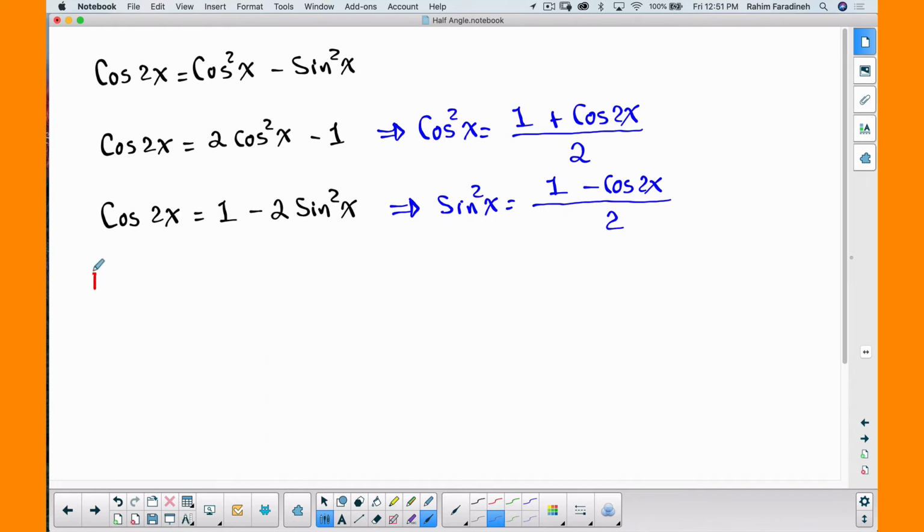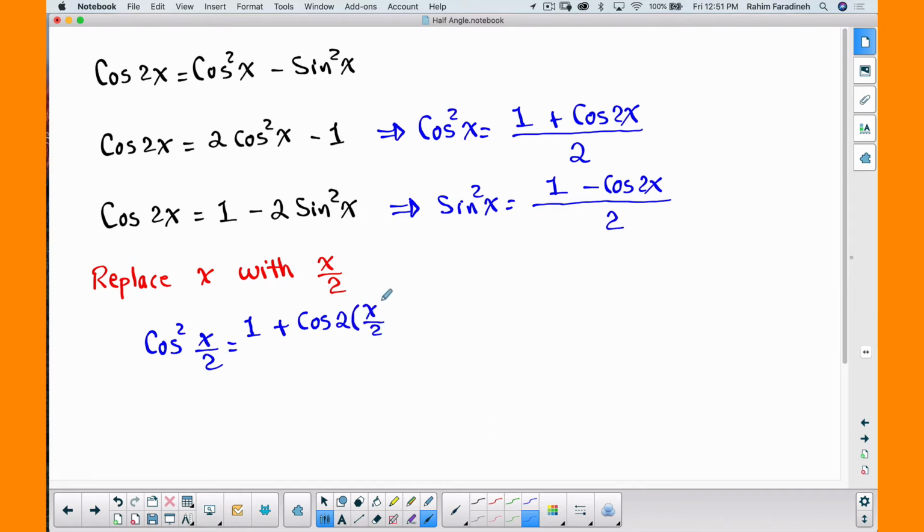Now let's replace x with x over 2. So if we do that, then cosine squared of x over 2 will be 1 plus cosine 2 times x over 2, the whole thing divided by 2, which we can simplify to 1 plus cosine x divided by 2.